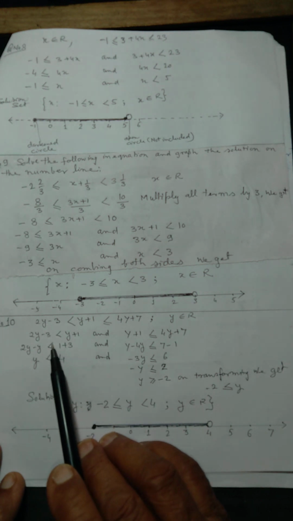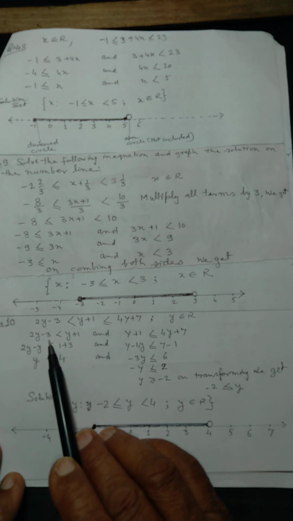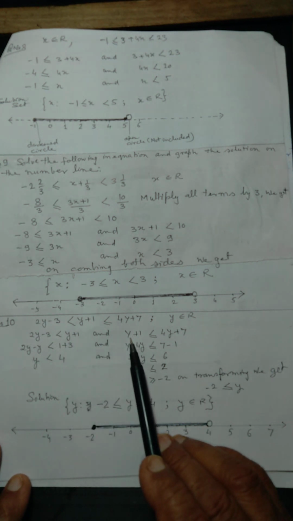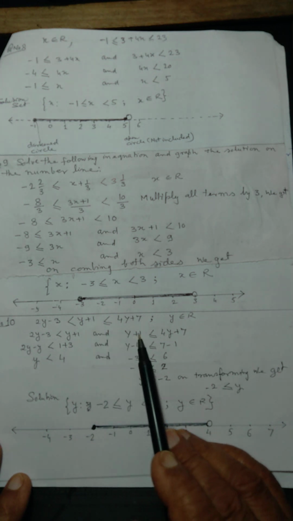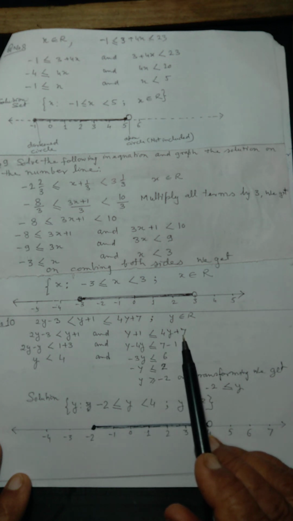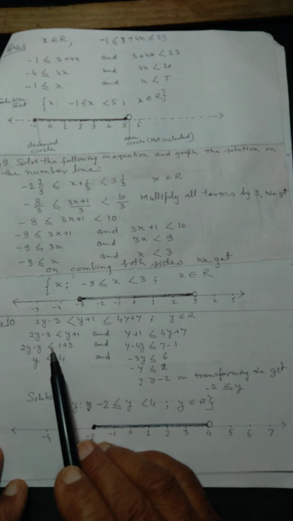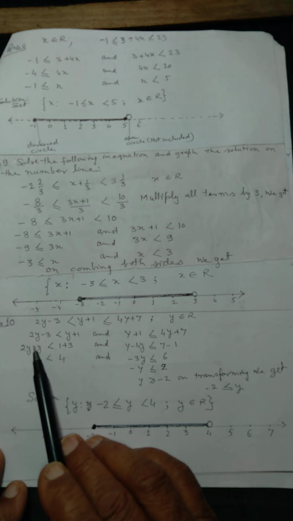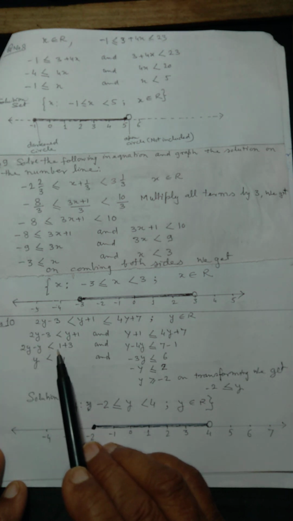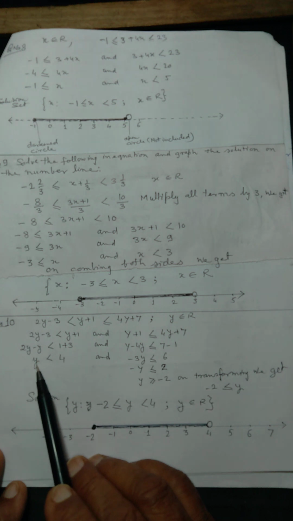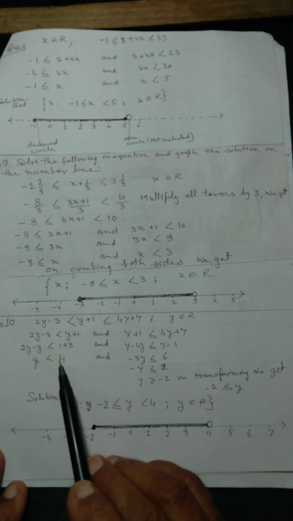So here, I have split this inequation in two parts: 2y minus 3 less than y plus 1, and y plus 1 less than or equal to 4y plus 7. In the first part, the right hand side y has been transferred to this side, so 2y minus y is less than 1 plus 3. So ultimately we will get y is less than 4.